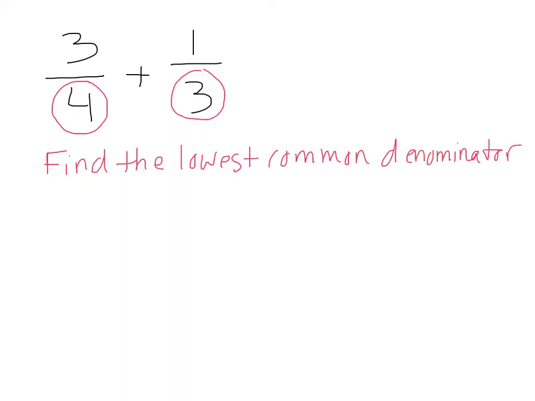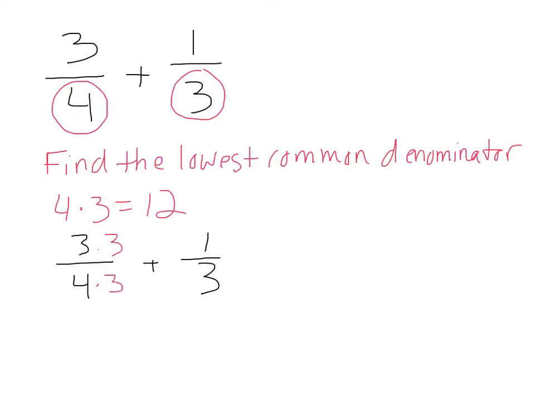So for here, we know that 4 times 3 equals 12. So that's actually going to be our lowest common denominator. So if we're going to be adding up these two fractions, what do I have to multiply 4 by to get 12? Well, I have to multiply top and bottom by 3. And what do I have to multiply 3 by to get 12?